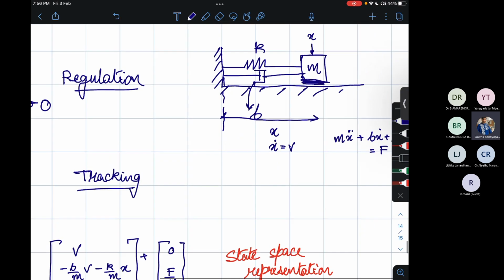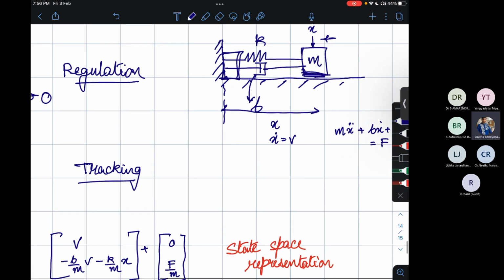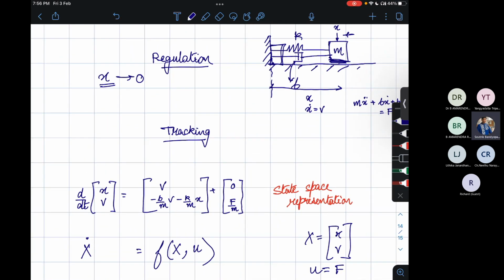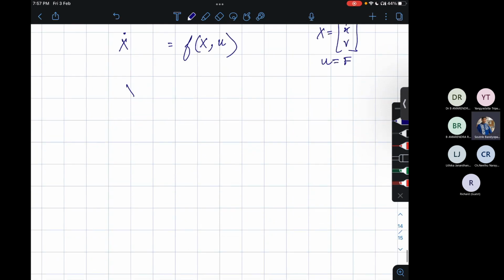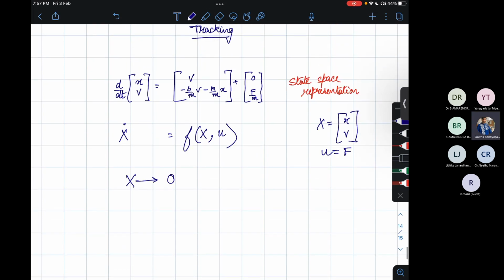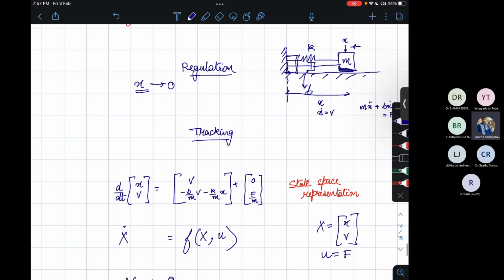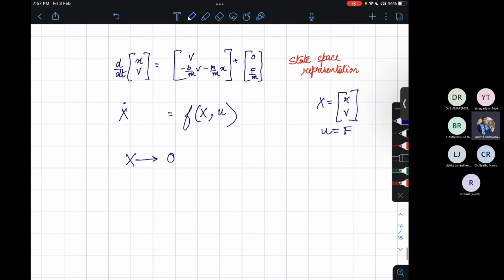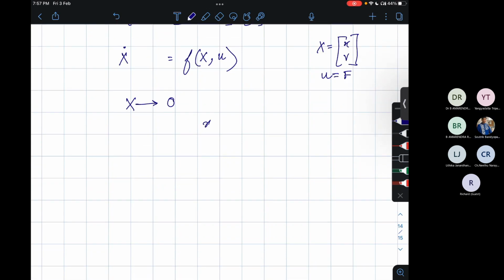Now the objective of this system is to apply a force such that this block goes down to 0, right? Suppose you want this to be the case. So essentially you want that x should go down to 0, and there can be another control problem wherein you have this state x, and you want that the position must track some desired position and the velocity must track some desired velocity.